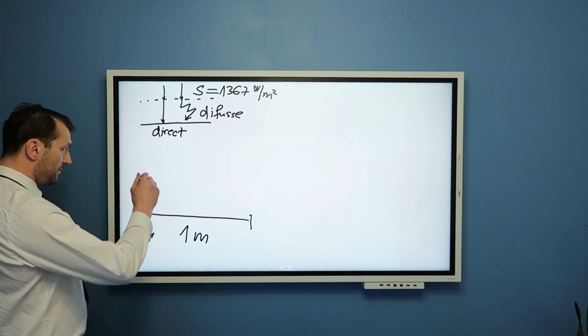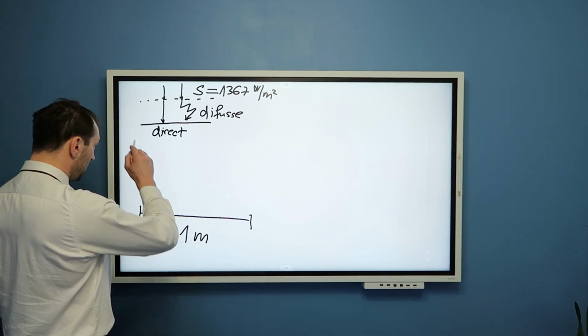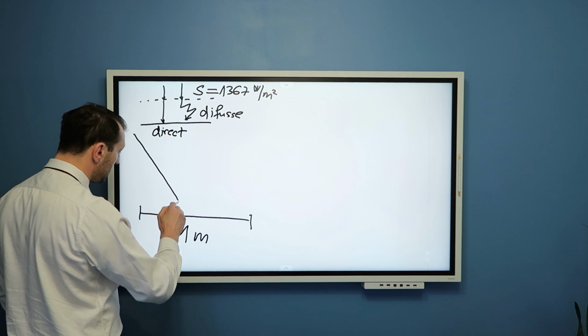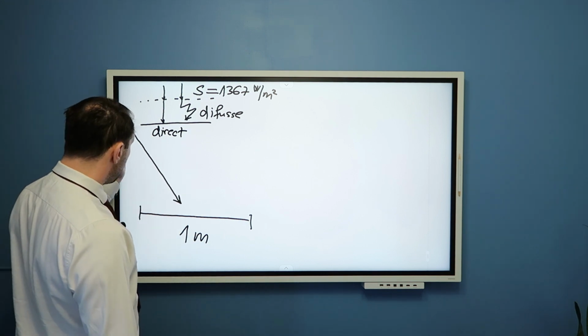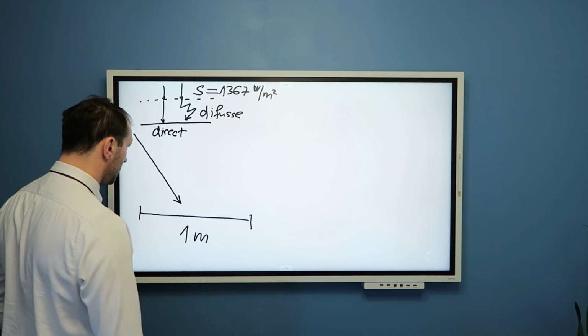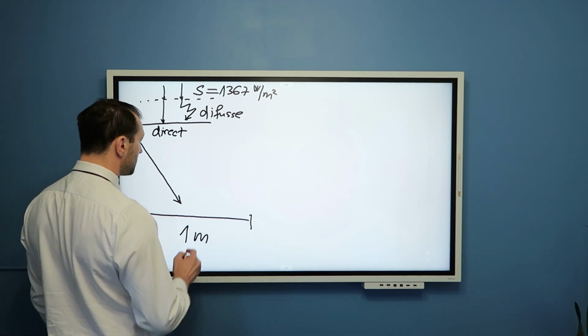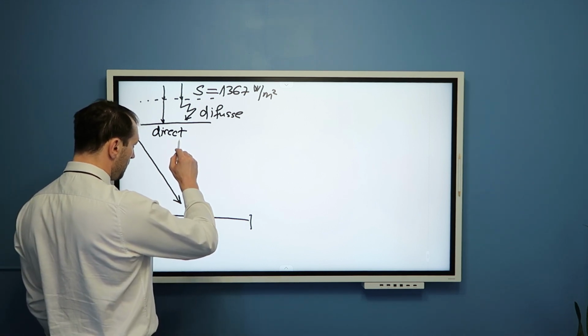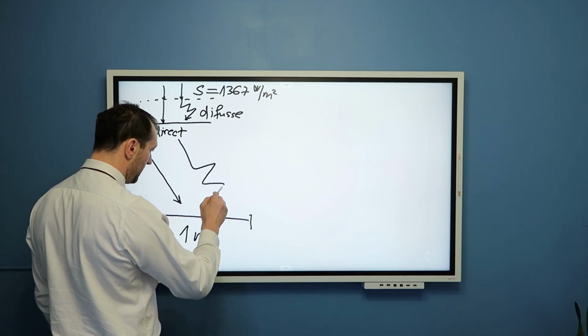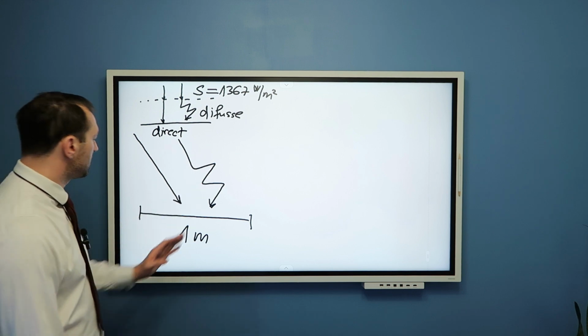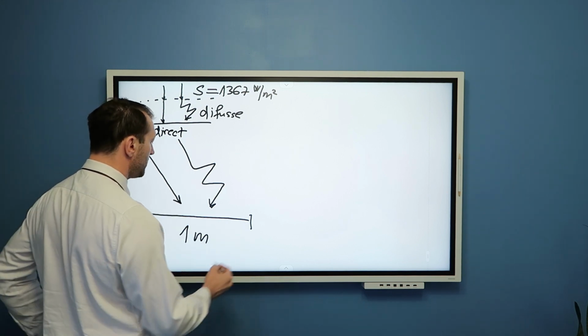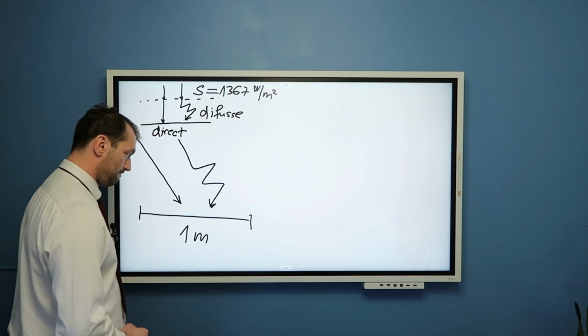Then we would say that on this 1 square meter, we can have light that is directly falling without interacting with any particles in the atmosphere, and on this 1 square meter, we can also have light that interacted once or multiple times with the particles in the atmosphere, and then it falls on this 1 square meter.